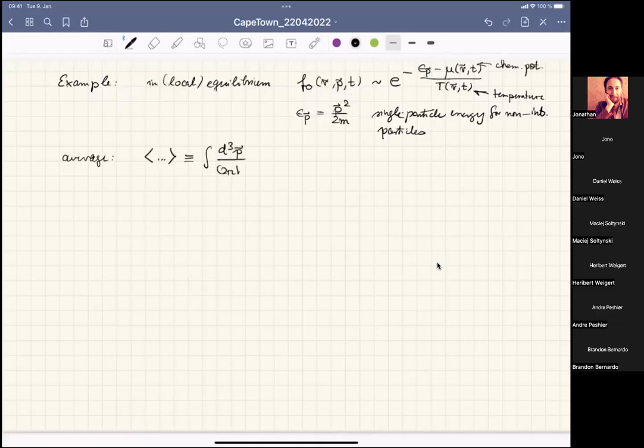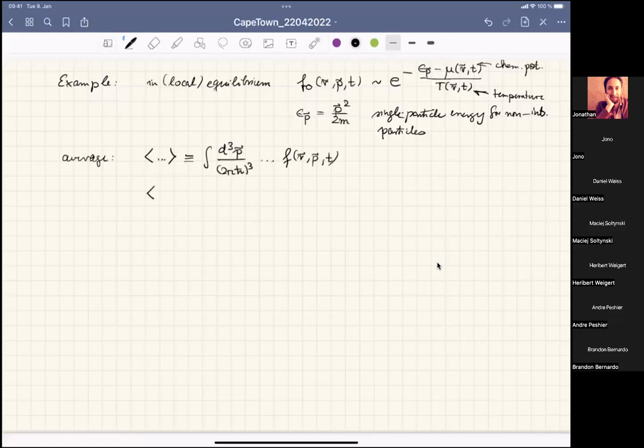I introduced a 2 pi h bar cubed factor into the definition of the integration measure, so this integration measure has dimension of density, or 1 over spatial volume. Then I have some quantity that I want to put in these angular brackets, and I weigh this with the single particle distribution function. This is the definition, and then I can compute some quantities which are familiar to you.